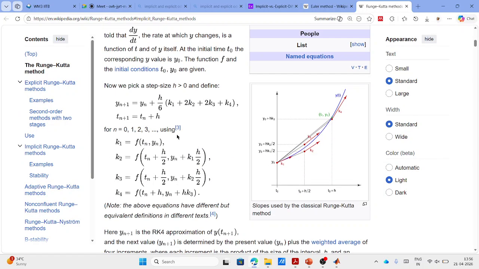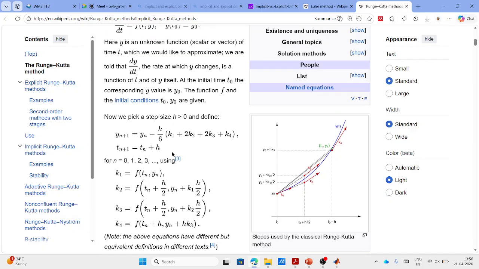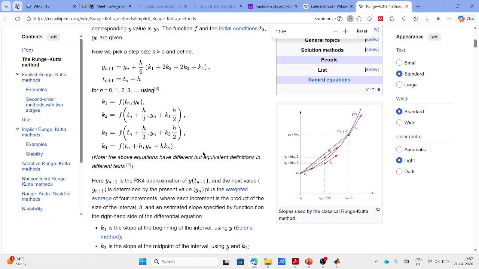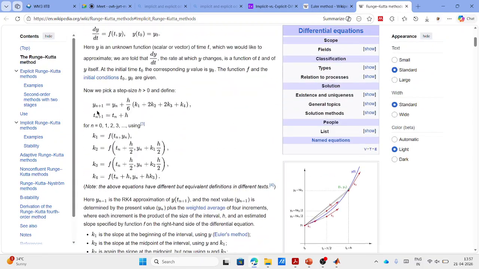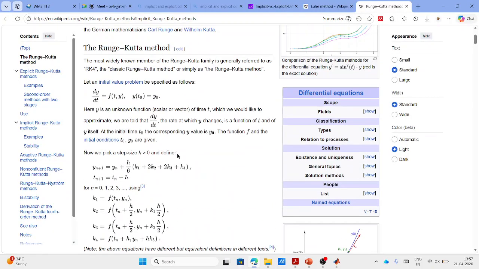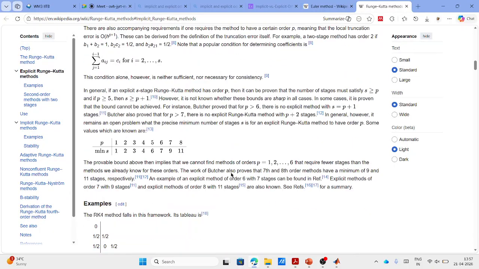You find the values of k1 to k4, and each value depends on the previous one. k1 is computed by the function value at t and yn, then you update k2 based on k1, and the same way move ahead with k3 and k4. Then you put them into this equation and get the next value. This is the explicit method. In the implicit method, you again have the yn plus 1 term on the right hand side, so you have to solve it simultaneously to find the solution.